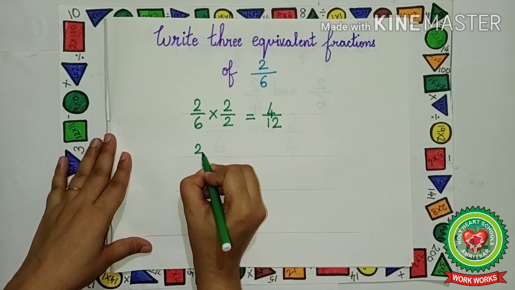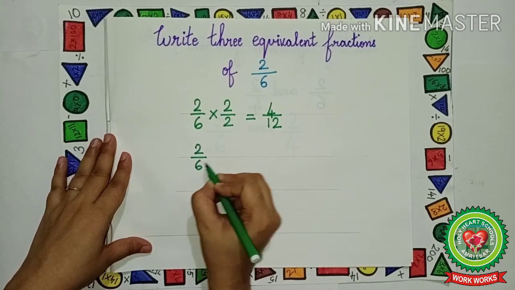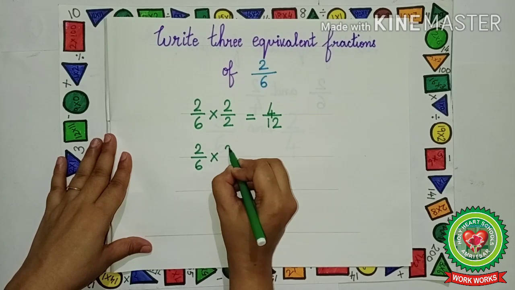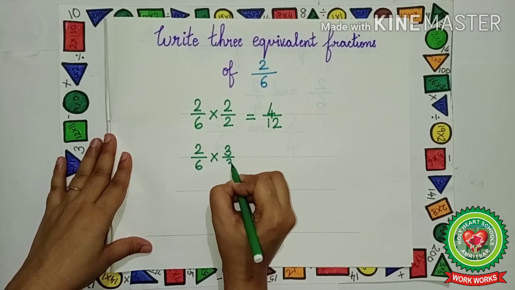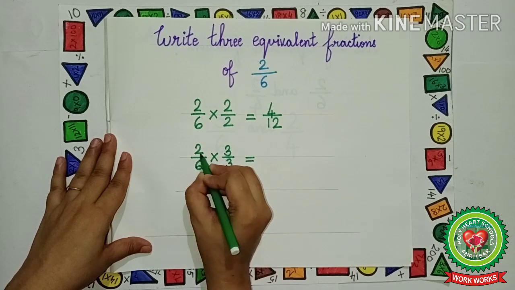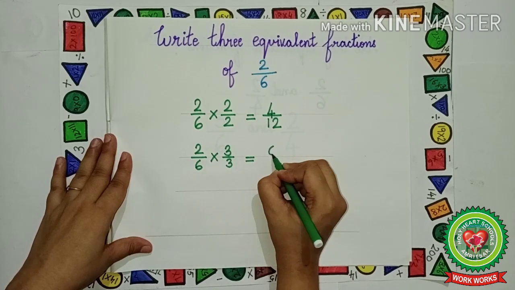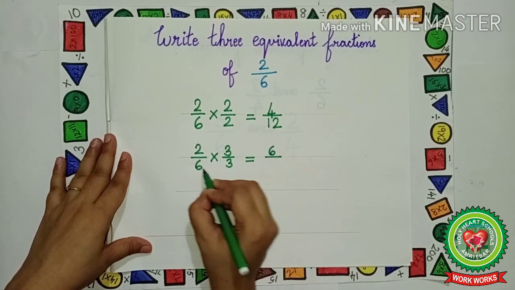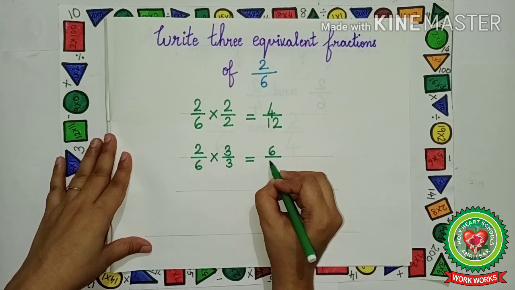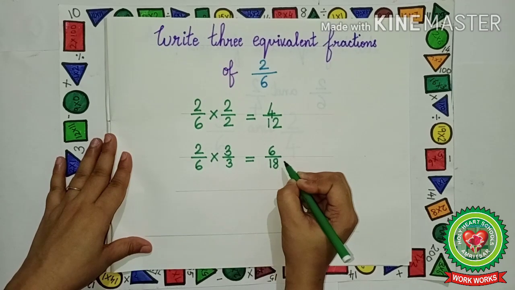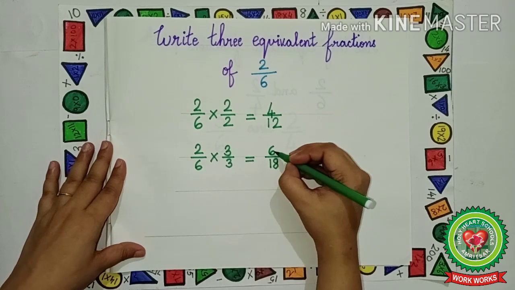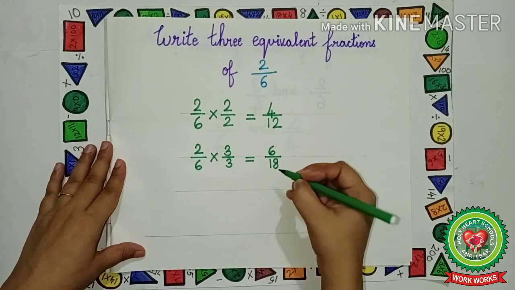Now 2 upon 6 multiplied by 3 upon 3. 2 3s are 6, 6 3s are 18. So next fraction we have got 6 upon 18.